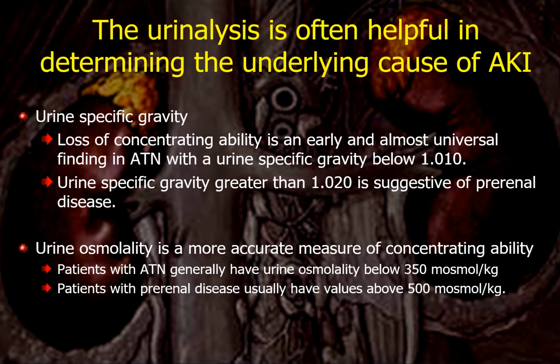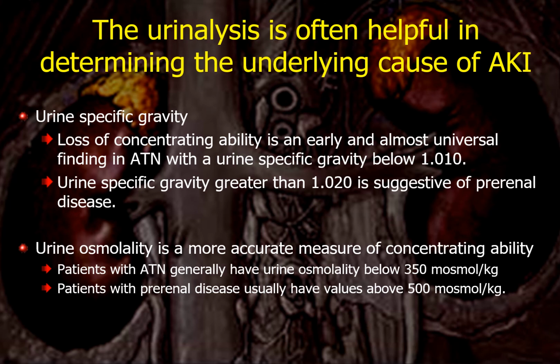The urinalysis is often helpful in determining the underlying cause of AKI, as characteristic findings are suggestive of certain disease processes. First, look at the urine-specific gravity. The loss of concentrating ability is an early and almost universal finding in acute tubular necrosis with a urine-specific gravity below 1.010.